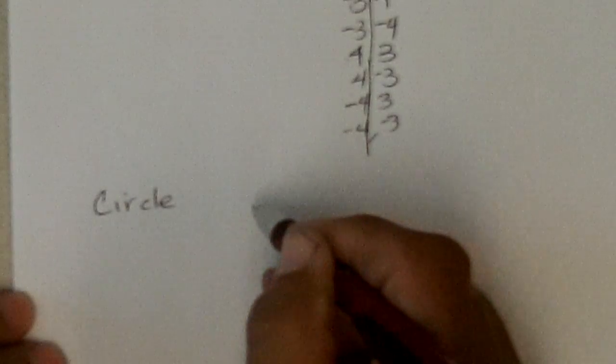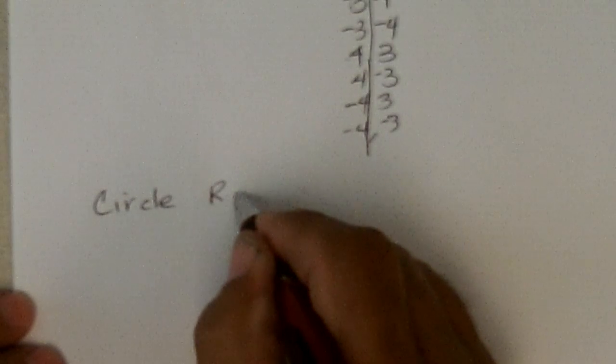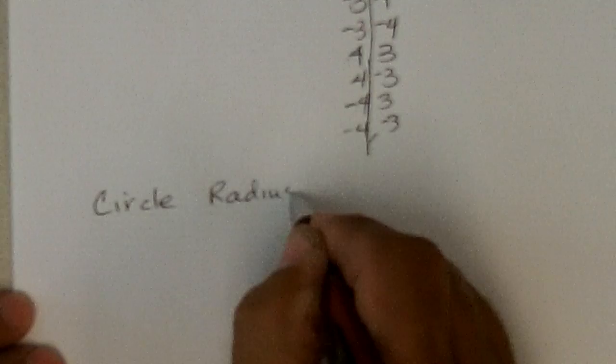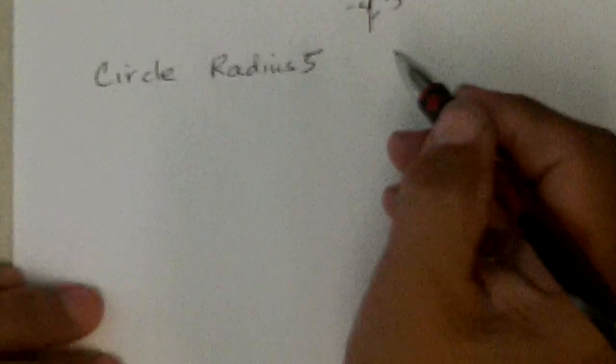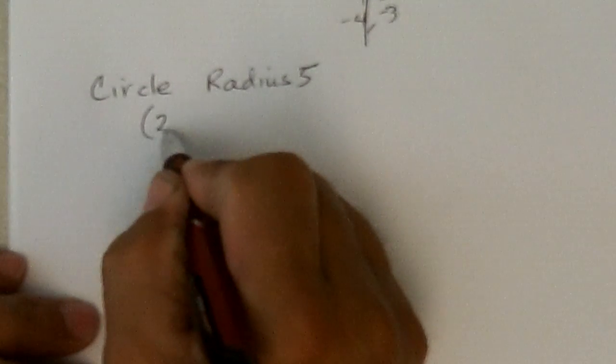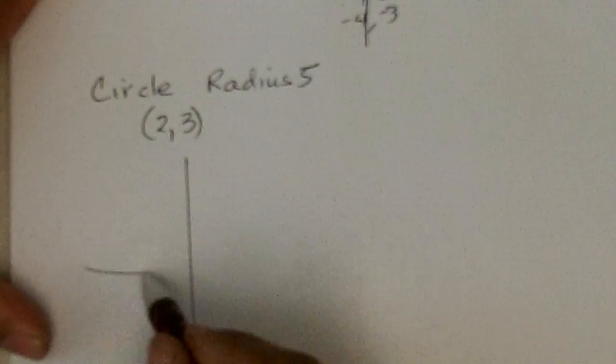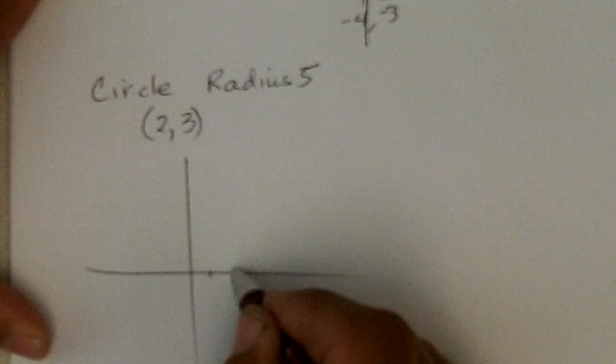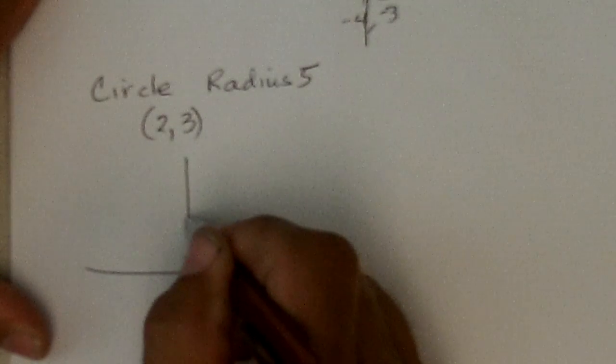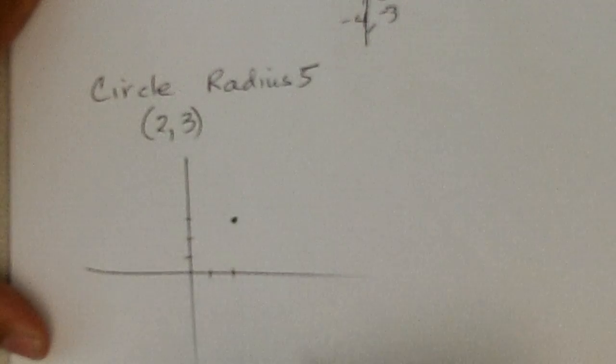If I wanted to draw a circle that had a radius of 5 but was centered at 2, 3, let's say, 1, 2, and 1, 2, 3, with a radius of 5.